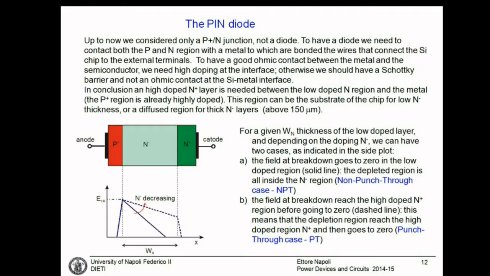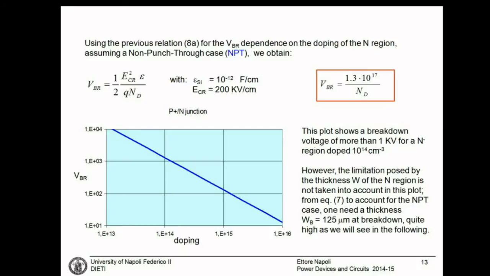In the previous slide, it is shown that for the same thickness of the depleted region, you can move from the NPT condition to the PT condition simply by decreasing the doping. For the non-punch-through case, we have this relation for the breakdown.